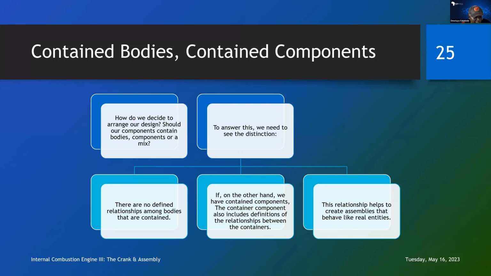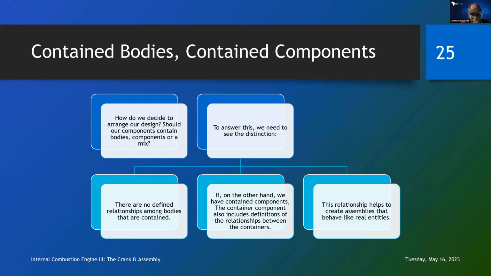There are no defined relationships among bodies that are contained. So you can have several bodies. They just exist, without any formal definition of how they relate. What motions are possible between them? What is their interaction like? Nothing. They just exist as bodies, dead bodies.